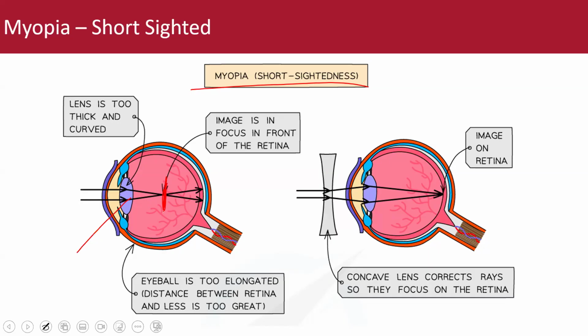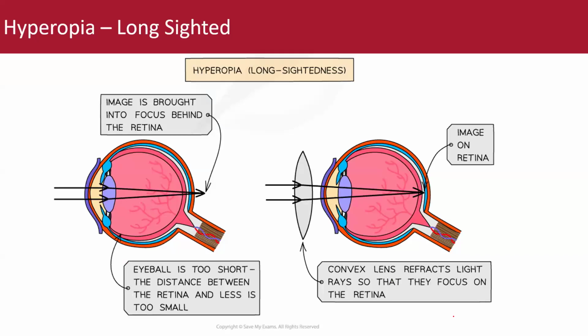What are they? Concave. Concave means it goes in at each end. So myopia, short-sighted, you need a concave lens. Hyperopia is long-sighted, and with this one you need a convex lens, which is the one that most people tend to have.